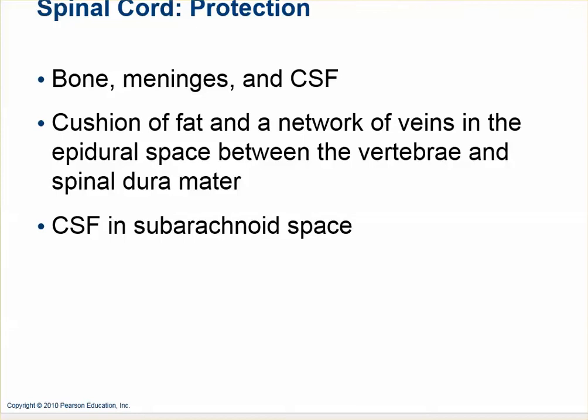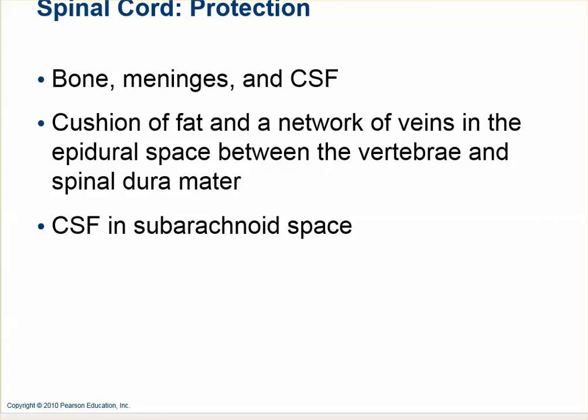So it's protected in the same way as the central nervous system, with an outer layer of bone that surrounds it, which in this case would be the vertebral column. There are the meninges with the same three levels: a dura mater, a pia mater, and an arachnoid mater in between. The cerebrospinal fluid flows down the center and then up in the subarachnoid space around the meninges, so the whole spinal cord is kind of cushioned in the cerebrospinal fluid as well as nourished by it.